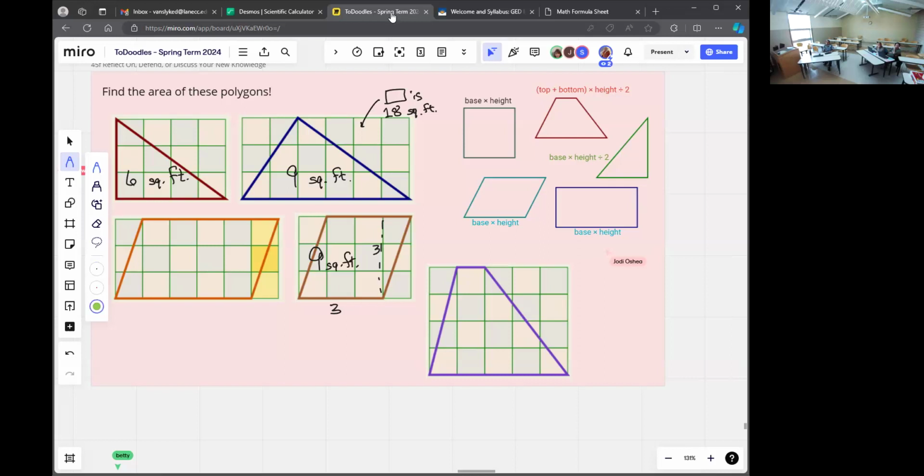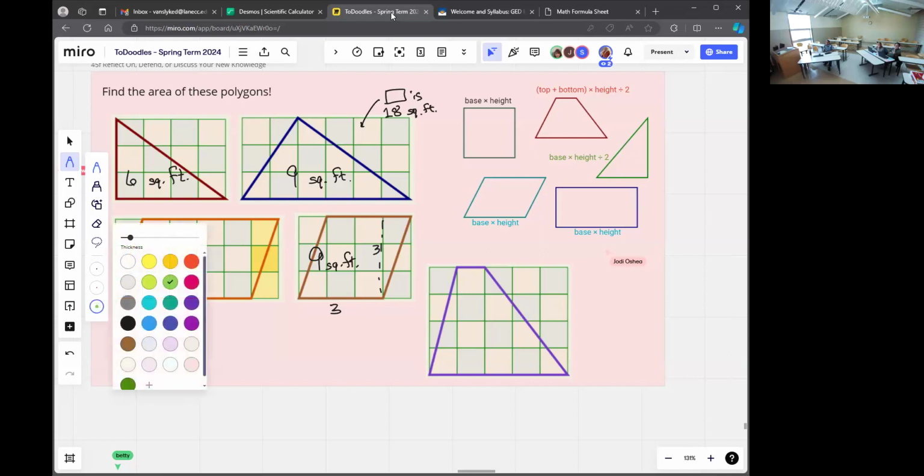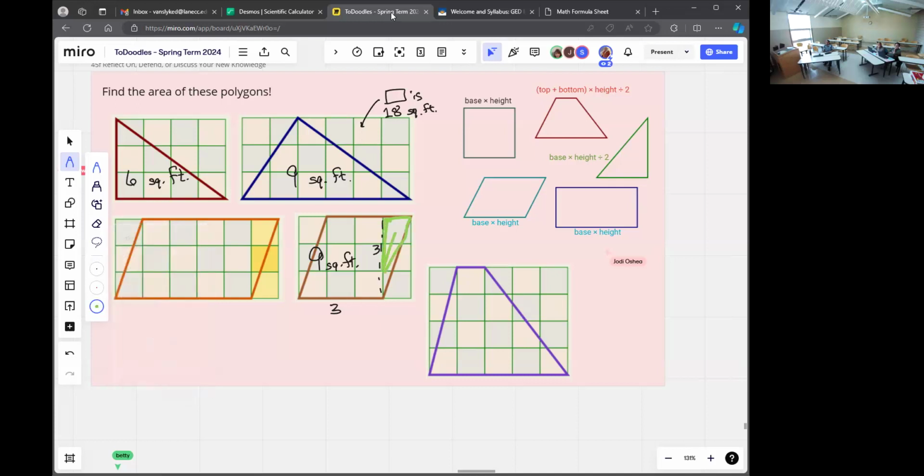And you can kind of see that if we took this part here, cut it off and moved it over here, then this box would be 3 times 3 is 9. Does that make sense?